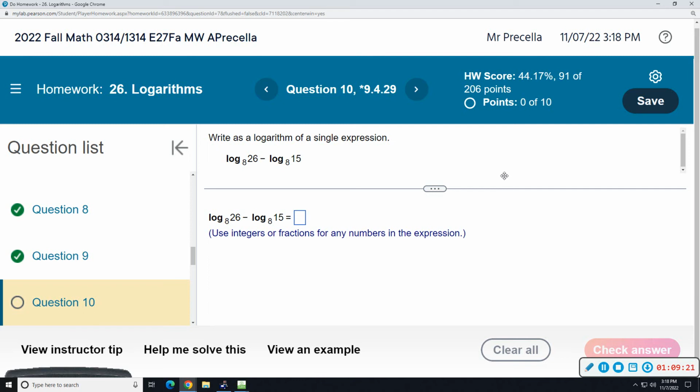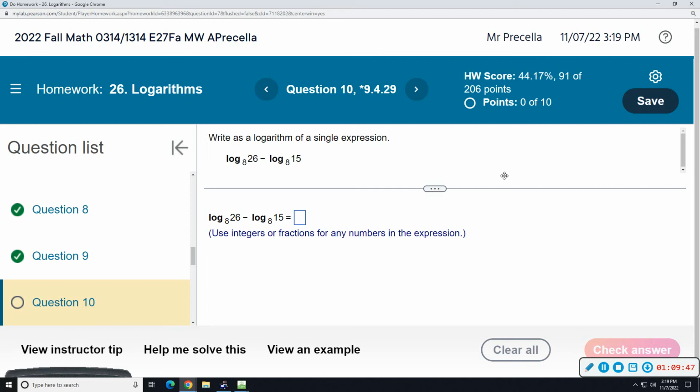When I'm condensing, I always ask myself, is there going to be a fraction bar here? Because of this minus, there's a fraction bar. The stuff that has a plus in front, or not a minus, I should say, you assume there's a plus there, right?